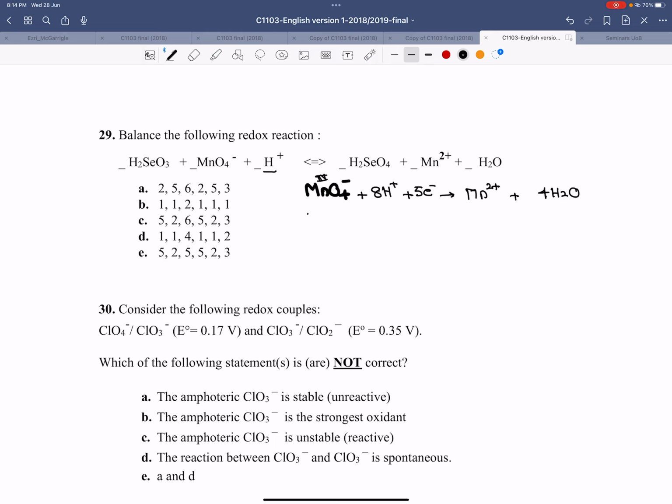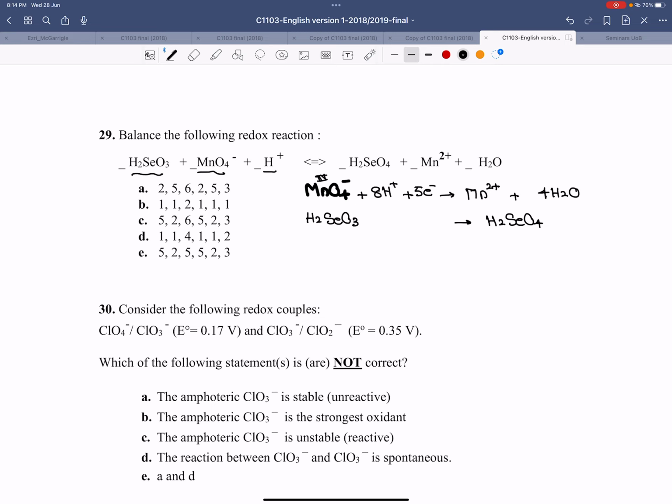Now we need the remaining species, which is H2SeO3. Remember, what is a reactant stays a reactant. What is a product stays as a product. And the only difference here between the reactant and product is basically the oxidation number of selenium, because you start with 3 oxygens and you end with 4 oxygens.